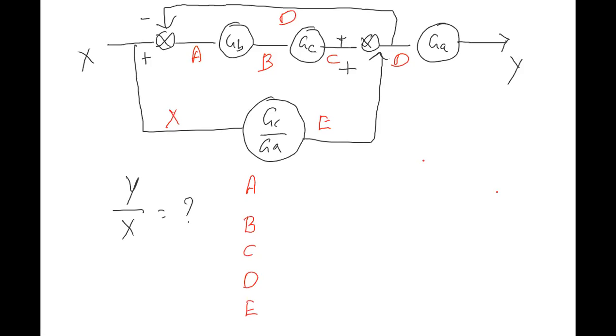So first thing is X minus D equal to A, A into G, B into equal to C, C plus E equal to D, D into GC by GI is equal to E.